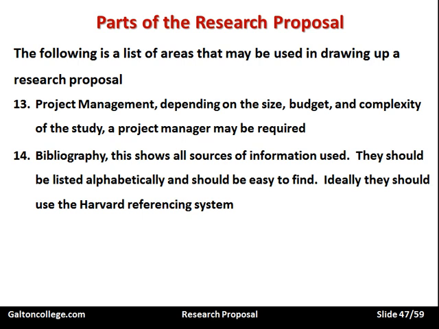But in terms of the research proposal, a bibliography is important. It should list out all the sources that were used, alphabetically. If it's by author, use the surname and list by surname alphabetically. If it's government reports, perhaps put it under reports, and it could come under the subject matter of the report.